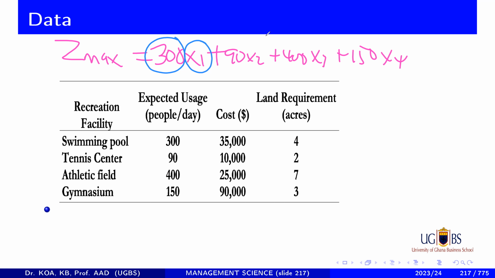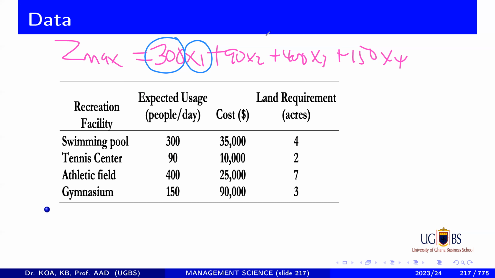Okay. What then is the 300X1? 300X1 will be the expected frequency if they decide to construct the pool or not. And what is the 300? The 300 is expected usage.